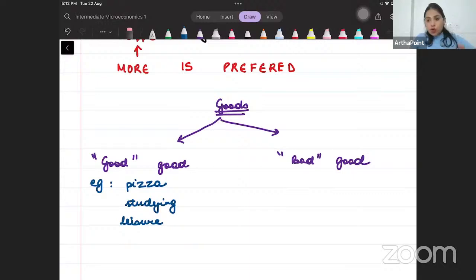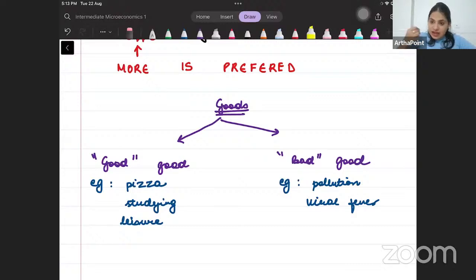Whatever you enjoy, whichever gives you more and more utility when you increase the consumption, it is a good. But what are bad goods? Which, when consumed, decrease your utility. Just like pollution. Pollution is a bad good for me. Just a viral fever. If I have fever right now, it's a bad good for me. COVID, it's a bad good for me.